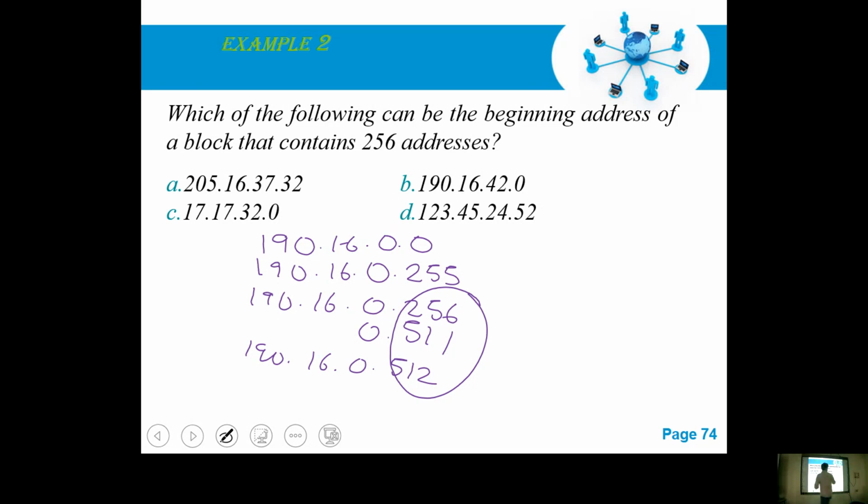When we write these things in binary pattern, I have completed all ones, 8 ones I have completed. What will be the next number? I'll have 1 and all zeros. What is this value? 1.0. Right? Is it clear? Okay.